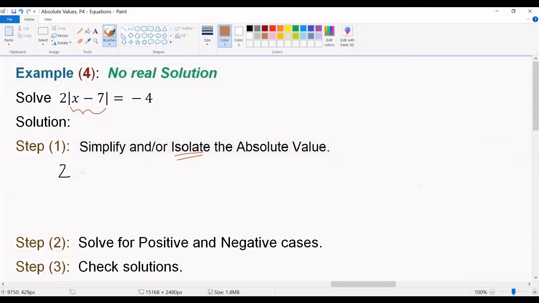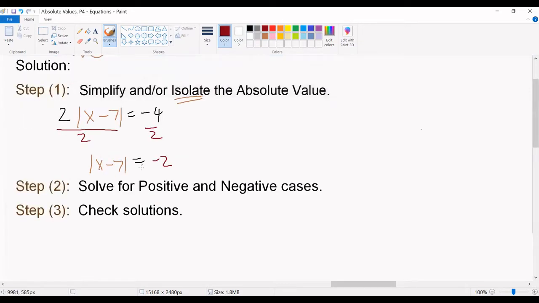We have 2 times the absolute value of x minus 7 is equal to negative 4. Then we want to use inverse operations by dividing 2 to both sides. So we have the absolute value of x minus 7 is going to be equal to negative 2. Now that we've isolated our absolute value, we want to move into step 2.